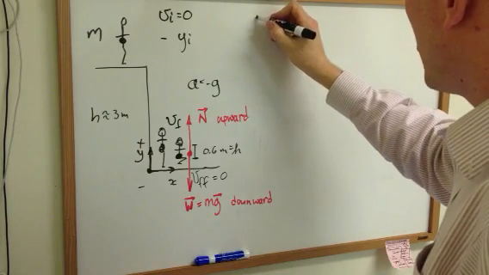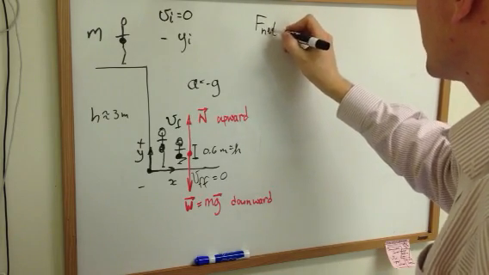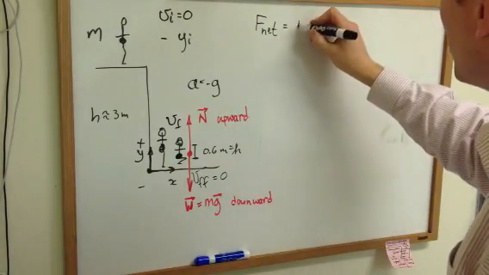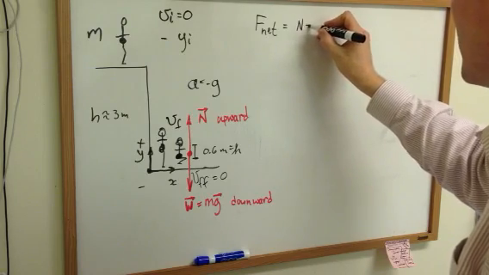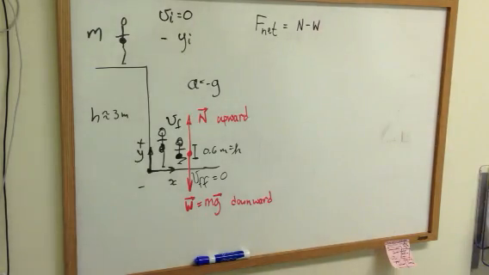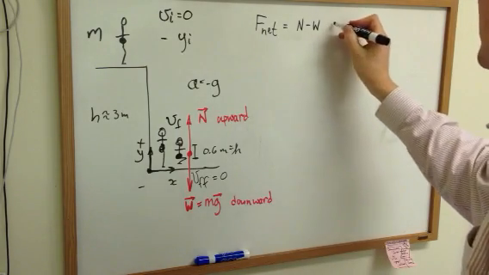Now let's consider what the net force is. The net force is simply the addition of all of the forces. So we have N upward minus the weight downward. And we know he has an acceleration.